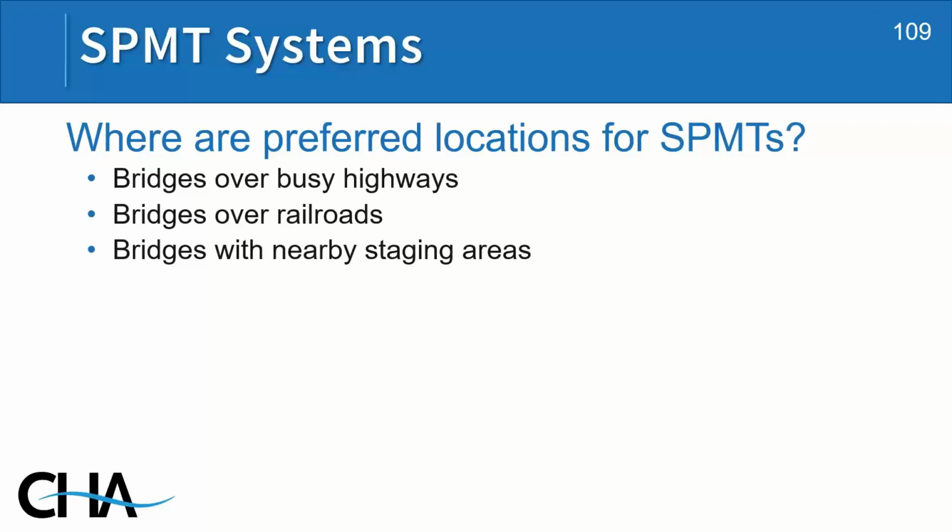But preferred locations are bridges over busy highways where you want to limit the impact to the highway below, and bridges over busy railroads where we want to limit the impact to the railroads. Most importantly, we need bridges with nearby staging areas, where we can build the bridge nearby and transport it to the construction site easily.